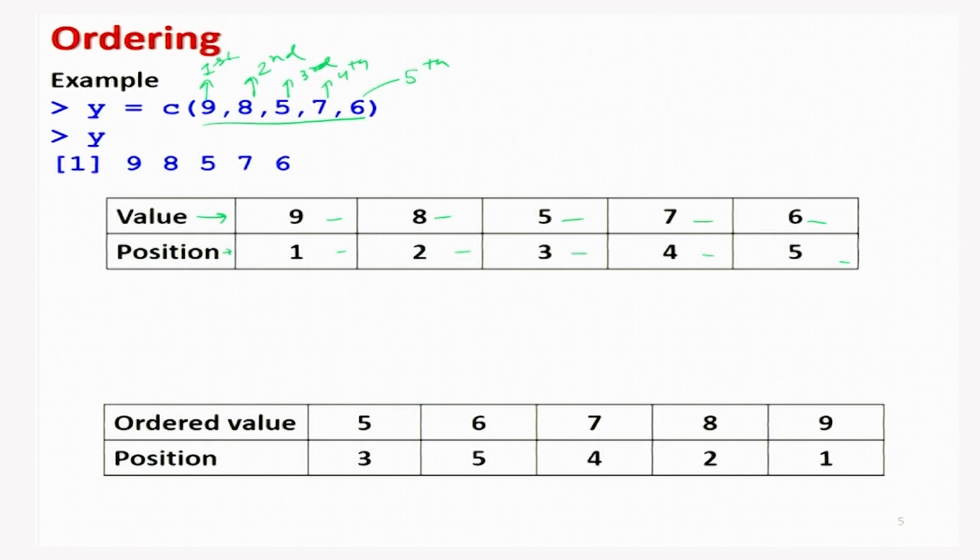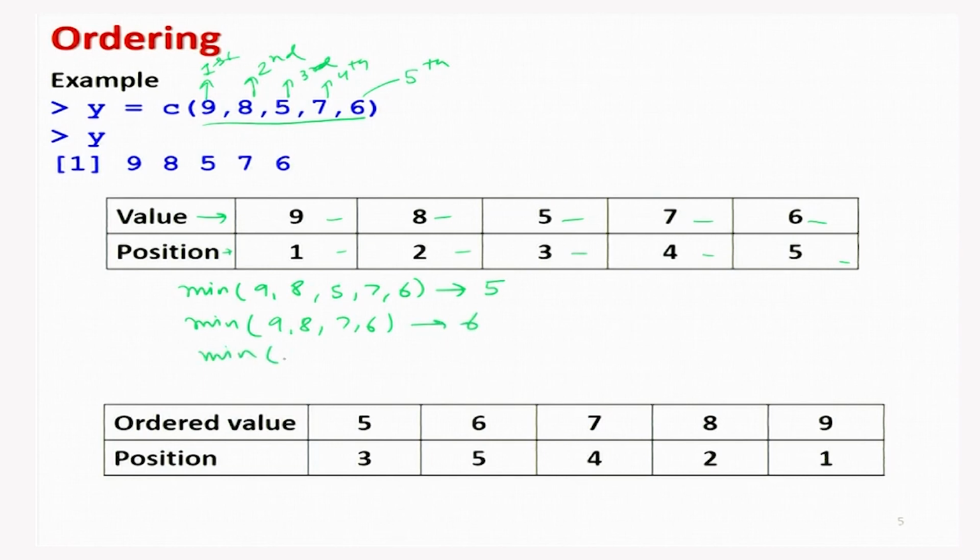Now, first you order the values. Out of 9, 8, 5, 7, 6, I write down the minimum value, which is 5. Then the minimum value out of the remaining values 9, 8, 7 and 6 is 6.